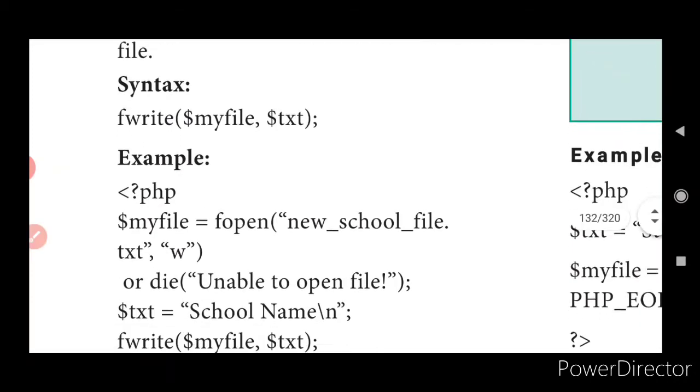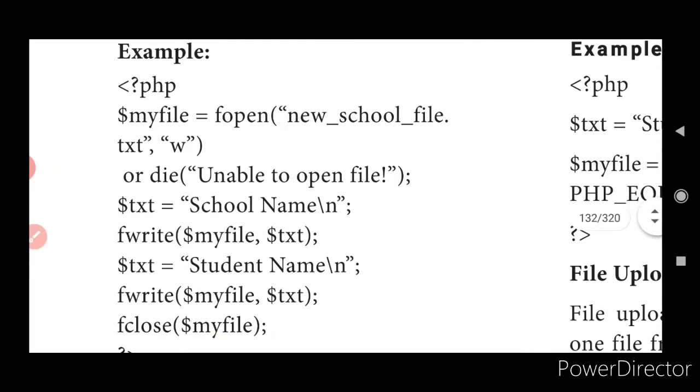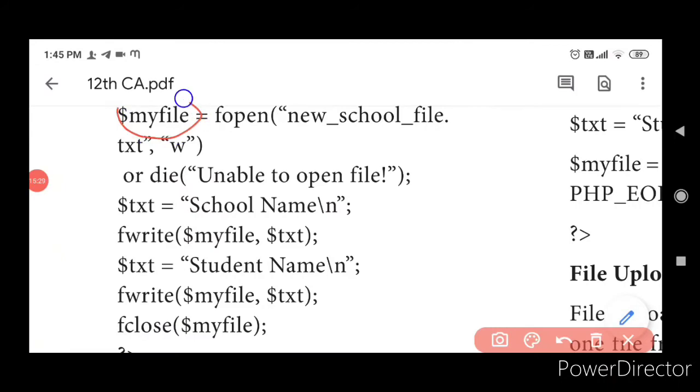Yes, say for example, have a look at this program. What do we have here? My file is equal to, this is going to be your file object. We are going to open a file called new school file .txt in a what mode? We are going to open it in write mode.